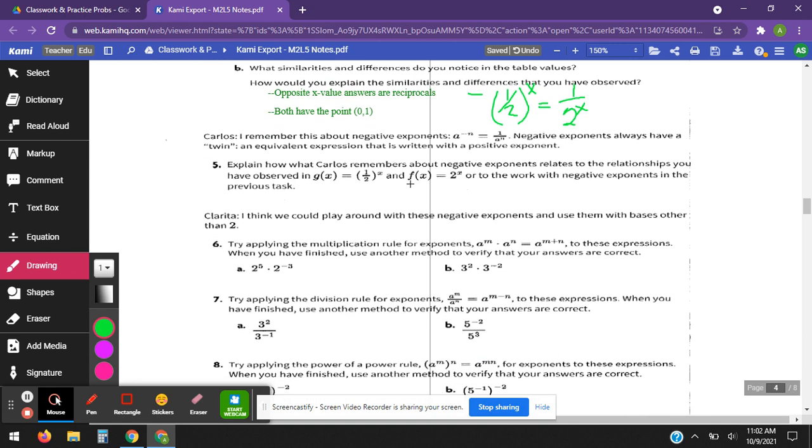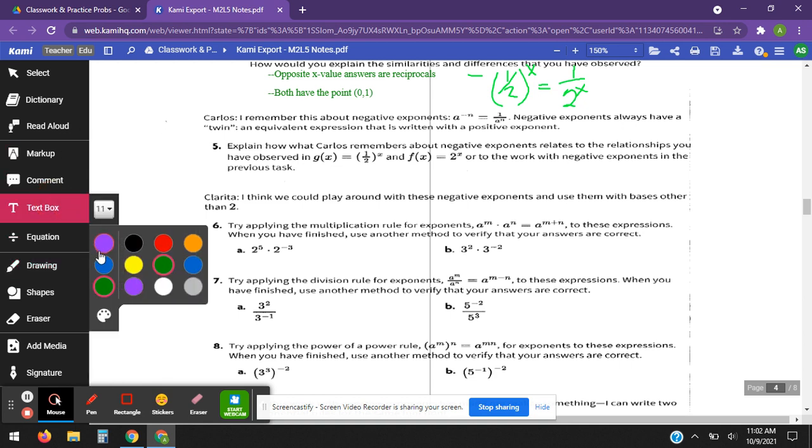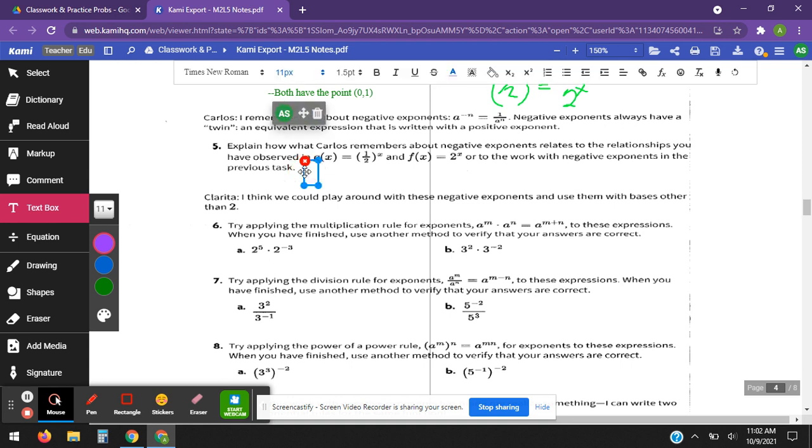Okay, so Carlos says, I remember this about negative exponents. A to the negative n equals 1/a to the n. So negative exponents always have a twin. The equivalent expression is written with a positive exponent. So if we're going to get rid of that negative exponent, we do the reciprocal and make it positive. So explain how what Carlos remembers about negative exponents relates to the relationships you've observed up there. So it's a little bit of a mouthful. How does that relate?